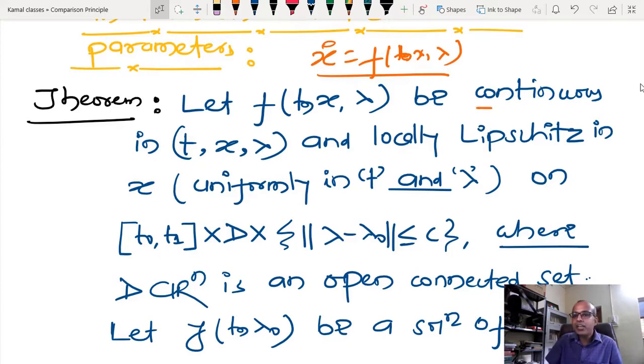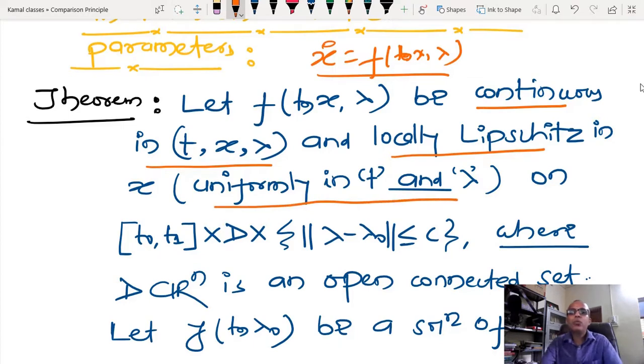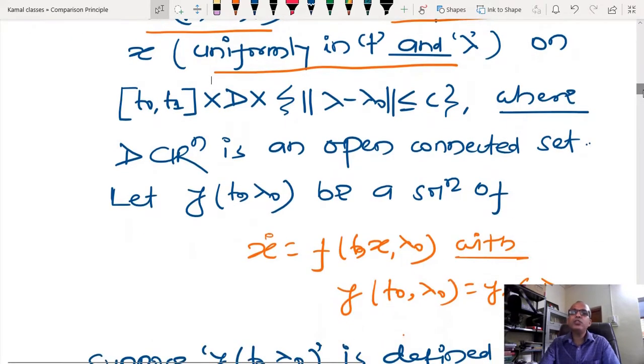So it is continuous in all arguments, because in order to do sensitivity analysis we have already seen that it should be continuous in x and lambda. Due to that reason this assumption is required. After that, in order to talk about the existence and uniqueness of solution, I need the local Lipschitzness in x but uniformly in t and lambda.